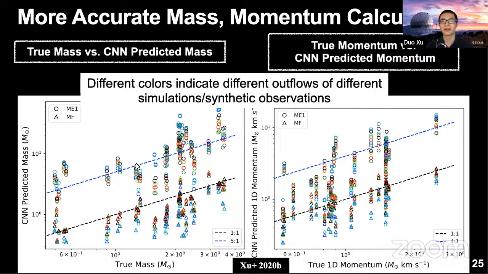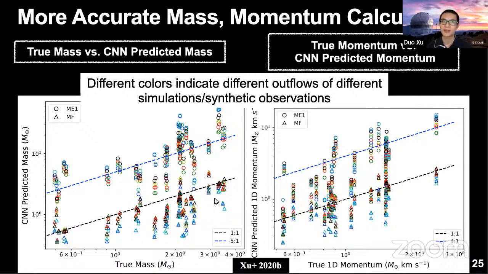ME1 just gave us the mask where there's feedback. By adding that up, we see there is a factor of 5 overestimate because there is contamination from the host cloud, foreground, or background.